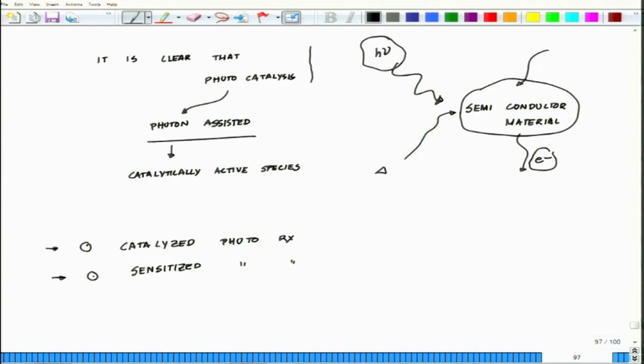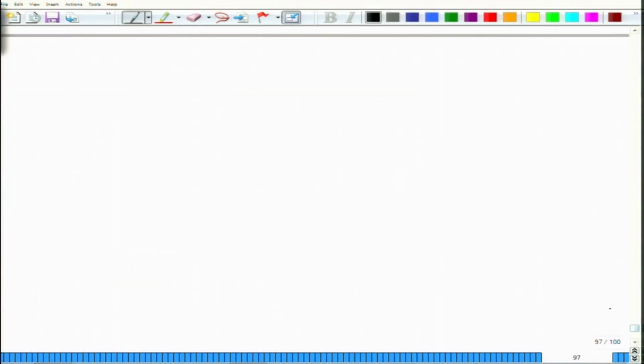Okay. So, in photocatalysis, light of energy greater than the band gap of the semiconductor, this part is extremely important. So, in titanium oxide, if you remember, when we talked about the rutile, it has a band gap of 3 to 3.2.